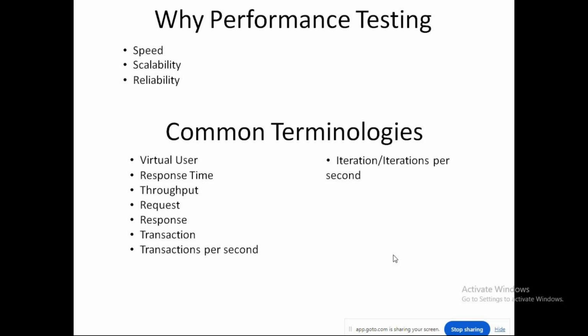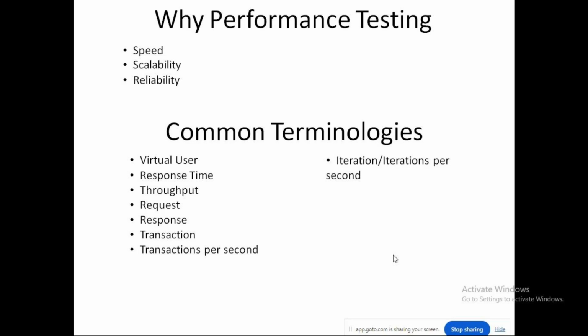So the relationship is that throughput and requests going to the server, that is nothing but hits per second, guys. Hits per second is the number of requests per second going to the server.